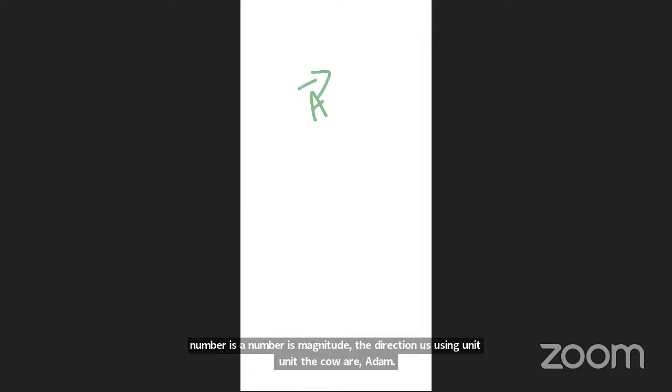A vector is represented by a number, which is the magnitude, a direction, and a unit, using a cap or an arrow mark on top. This is the representation of a vector.